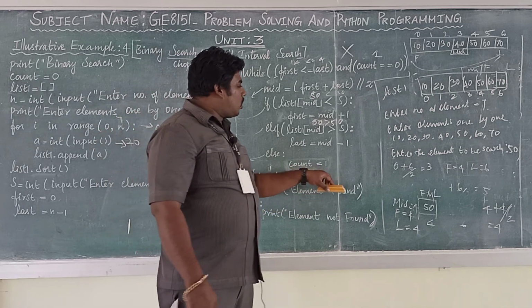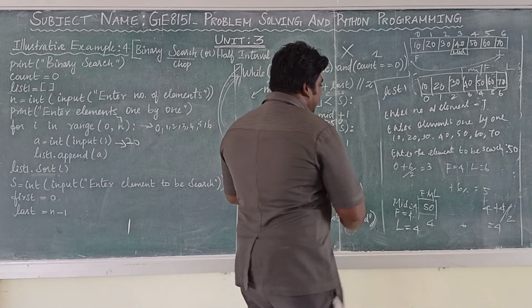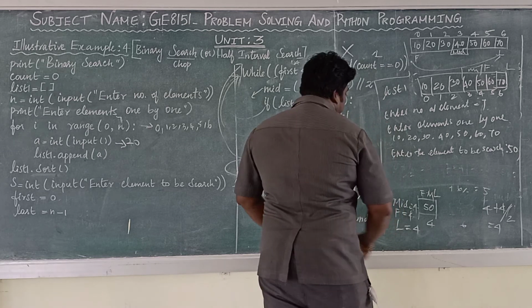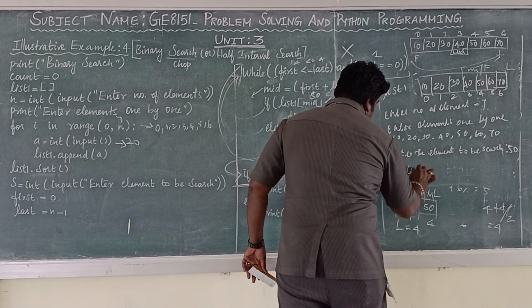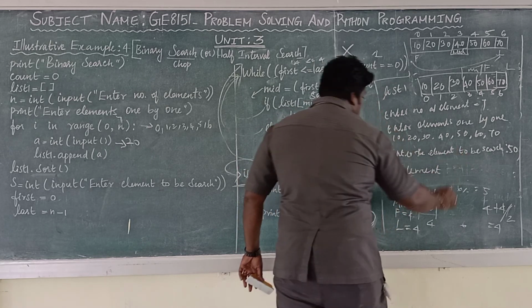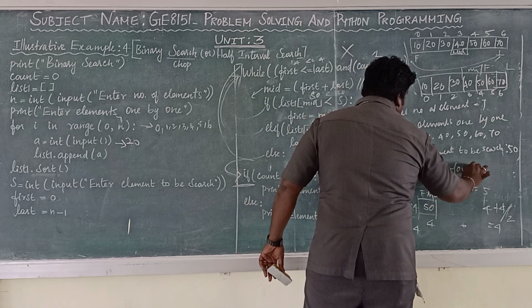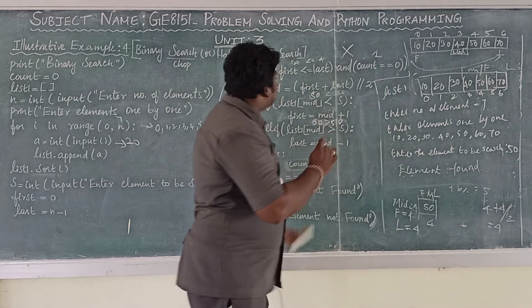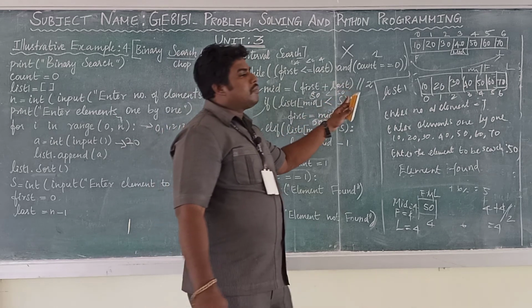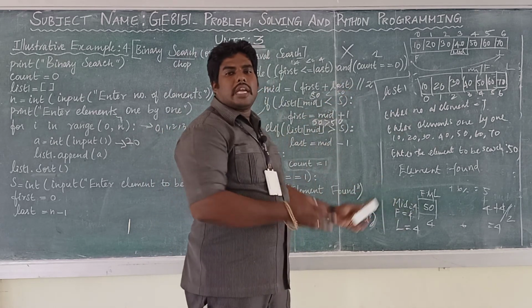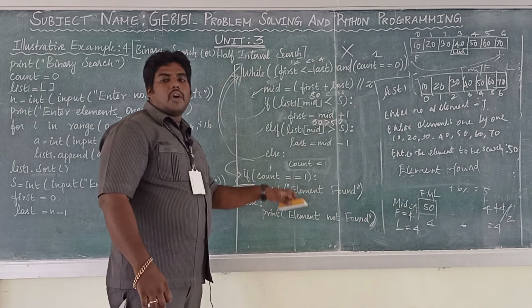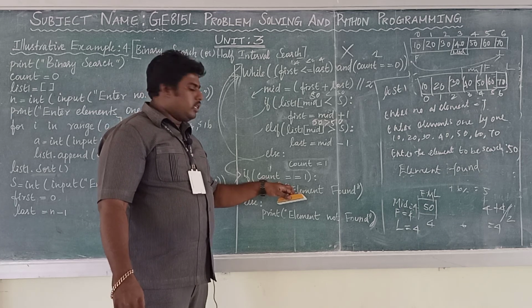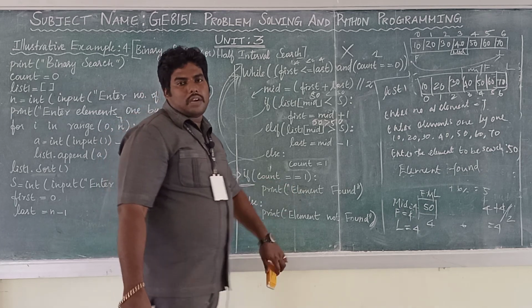Actually now our count equal to 1. So you will get the answer element found. If the first element is greater than the last, it will show element not found. If the count is not incremented as 1, it will print element is not found.